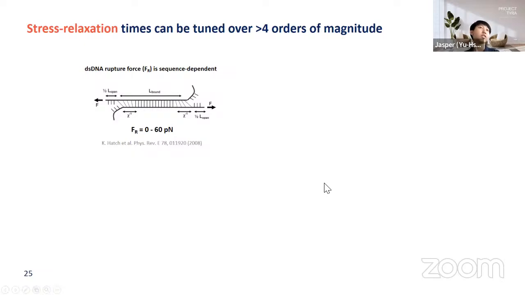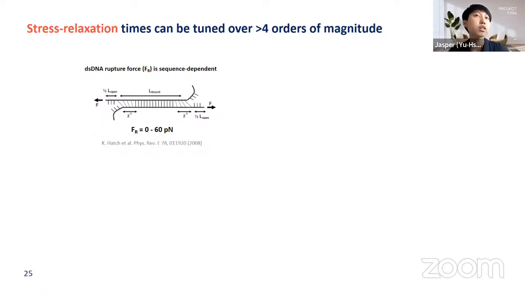We talked about how important stress relaxation is for biological tissues, so we also wanted to tackle this challenge. As we know, other systems have difficulty changing stress relaxation without touching other parameters. In the DNA world, it's known that the mechanical stability of duplex DNA is sequence dependent.